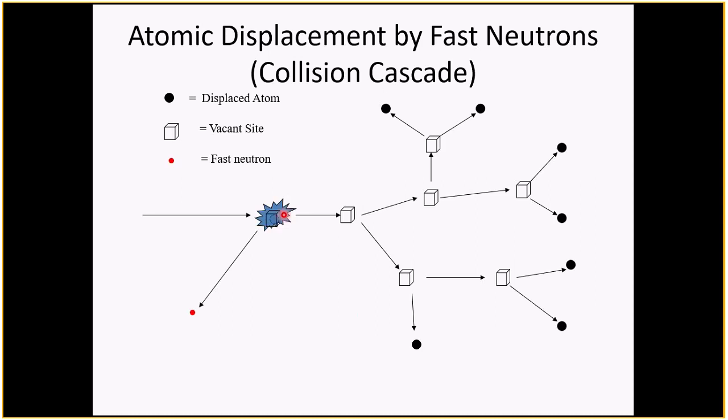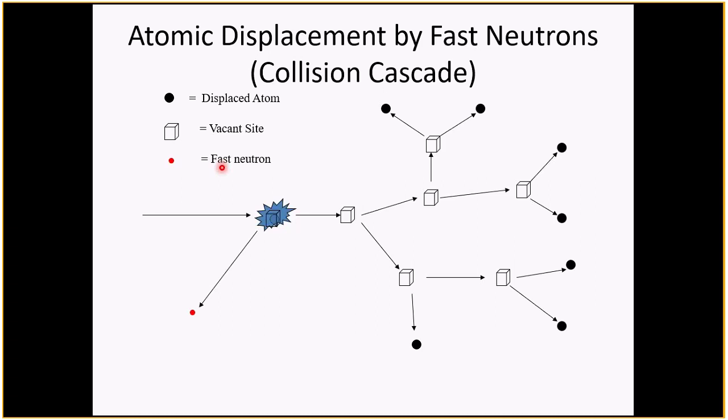So in most reactor applications, nickel-59 aside, about 95% of the total amount of damage is produced by fast neutrons with energy greater than 1 mega electron volt.